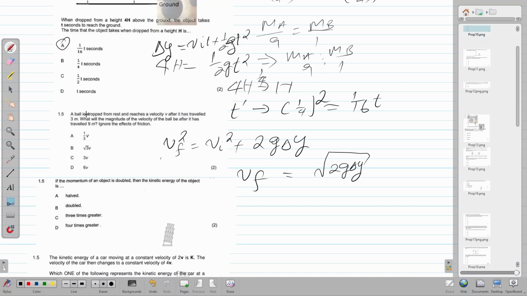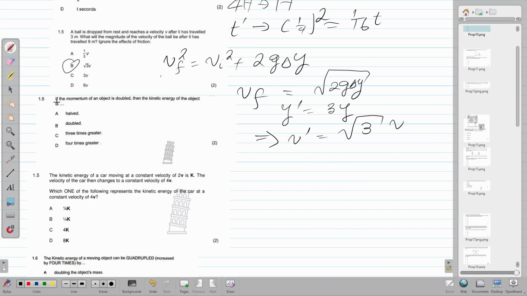So when you change the displacement from 3 to 9, you are changing it by a factor of 3, so the displacement y prime is equal to 3 times y. So the new velocity is going to be the square root of 3 times the old velocity. So the answer there is B.